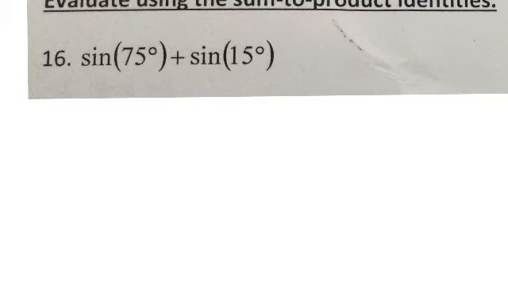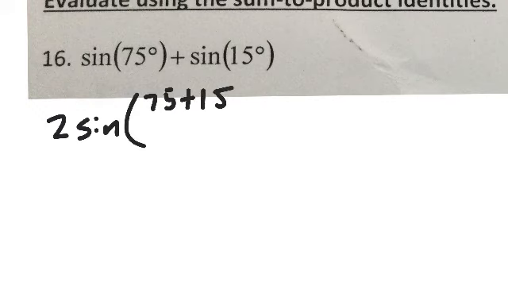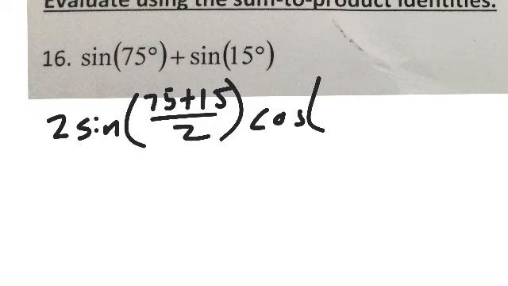Okay, so now we're told to evaluate using sum to product identities. So this one here, I have a sine plus a sine. So that's going to be the first one on the sum to product identities. So this can be rewritten as 2 times sine of x plus y over 2 times cosine of x minus y over 2.